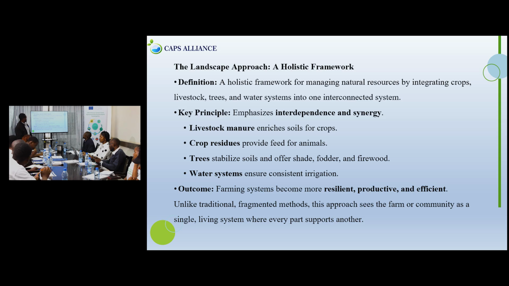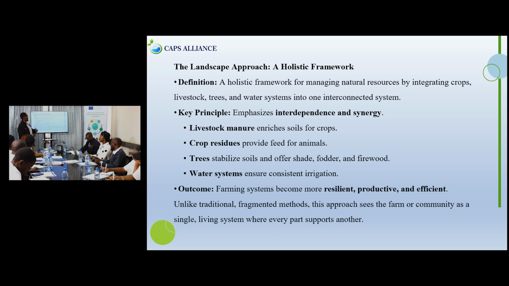Now, these are what we have actually been talking about. We have a holistic framework for managing natural resources by integration of crops, trees, and water systems, interconnected. So we have the food, energy, and water nexus. All these are connected together.